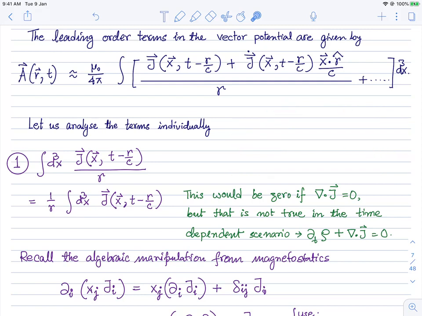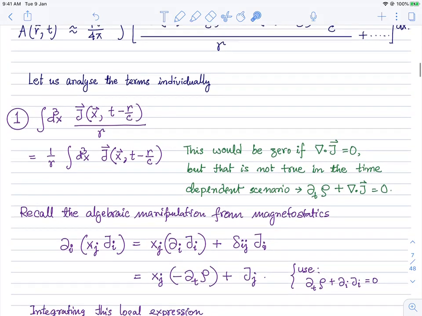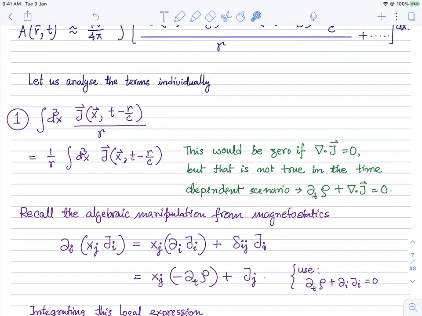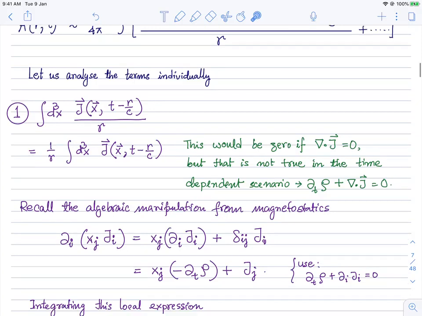Now, because of the charge conservation equation, this term is not going to vanish. It will be proportional to the time derivative of the charge density. So let us perform a very similar exercise to what we did in magnetostatics, but now keeping in mind that the divergence of J does not vanish.